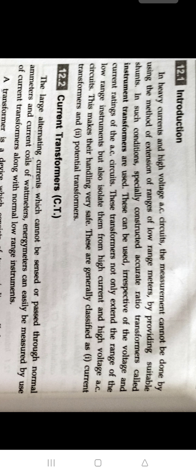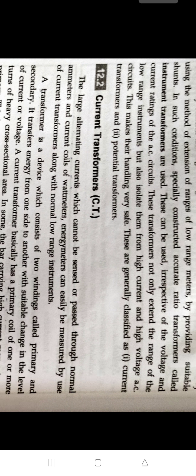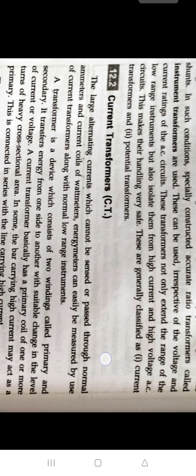There are two types of instrument transformer: current transformers and potential transformers. The current transformer is used to measure high, heavy current, and the potential transformer is used to measure high voltage.